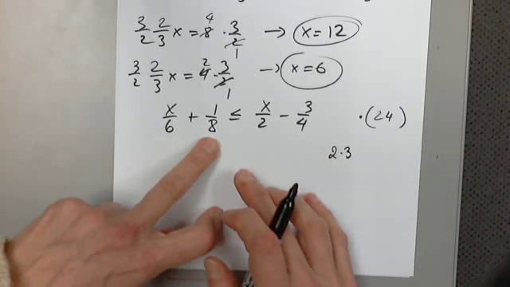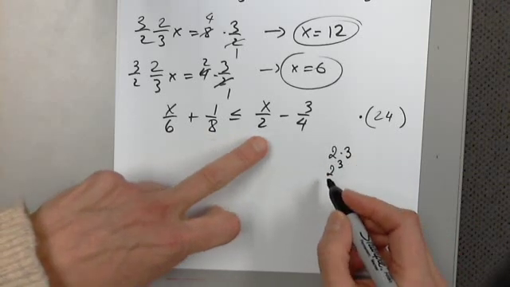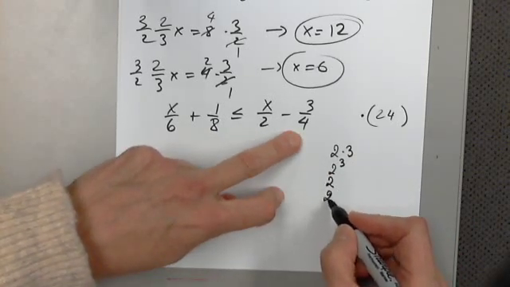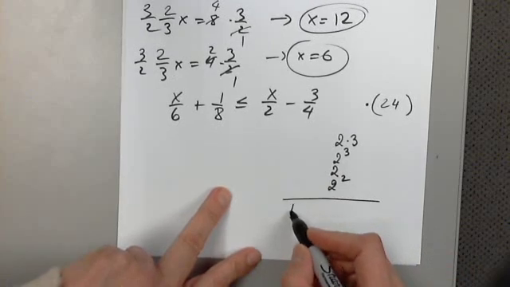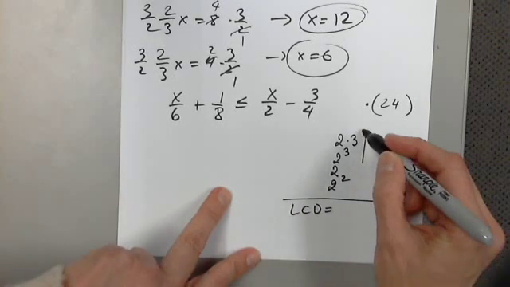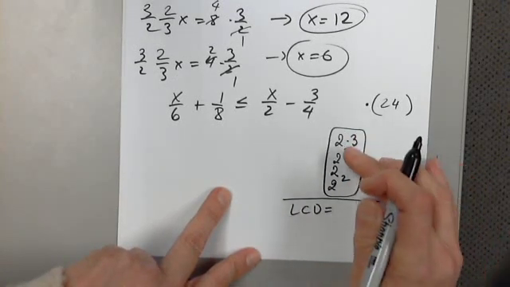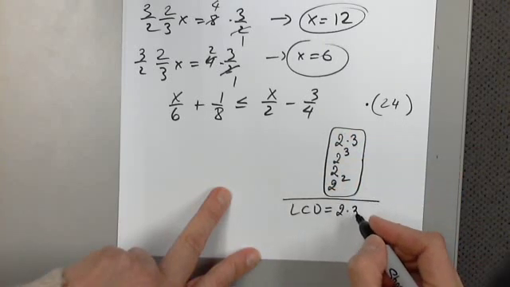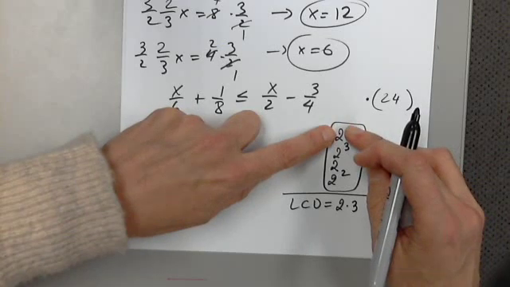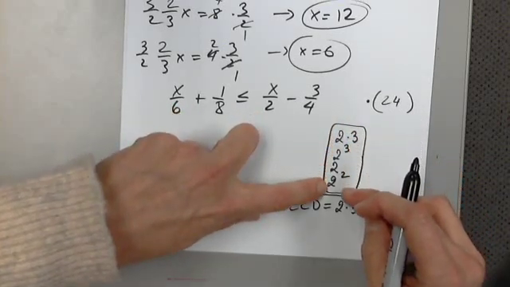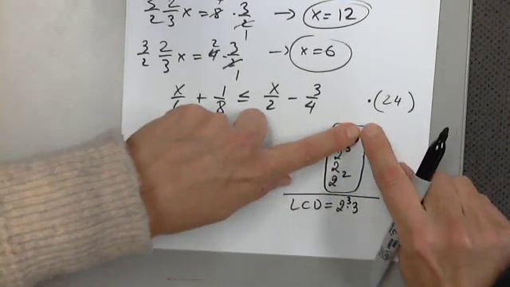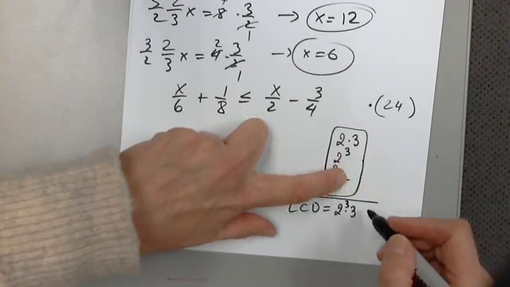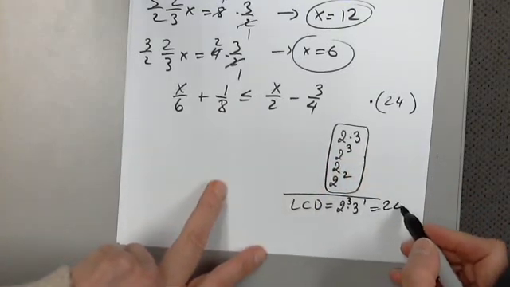Prime numbers always. 8 is 2 to the third. 2 is 2, and 4 is 2 squared. For the least common denominator, remember, I have to write all different factors. Don't look at powers. Different factors. 2 times 3. Now I have to choose the highest power for 2. 3. Now I have to choose the highest power for 3. 1. And that's how we get the 24.